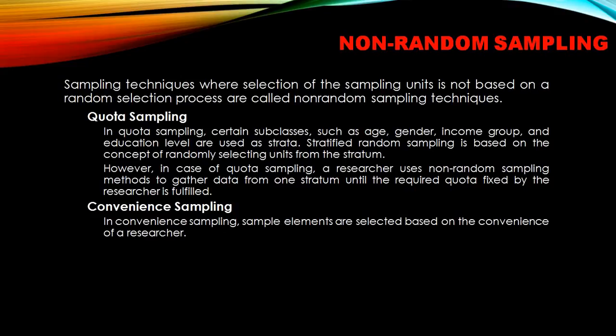Now I'll give you a practical example. We conducted a small research on the slums in Mumbai. The objective of the research was to find out the housing requirements of slum dwellers.